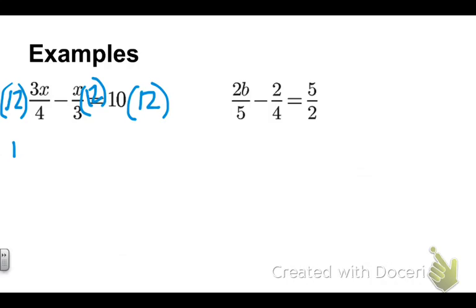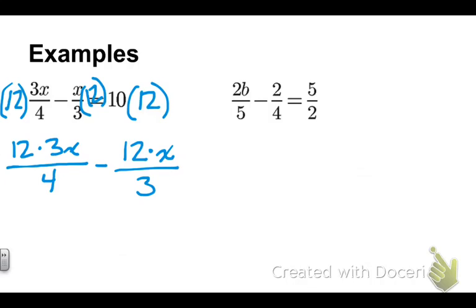You're going to have 12 times 3x all over 4 minus 12 times x all over 3 is equal to 10 times 12.